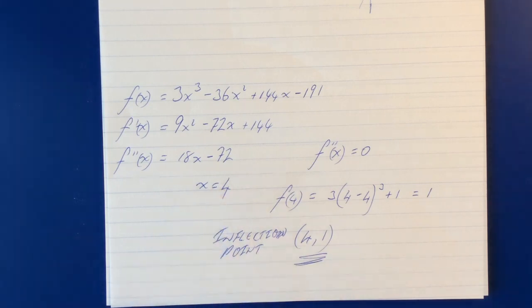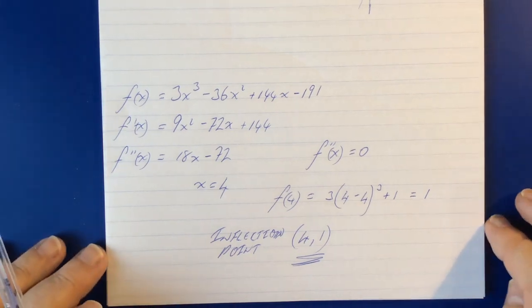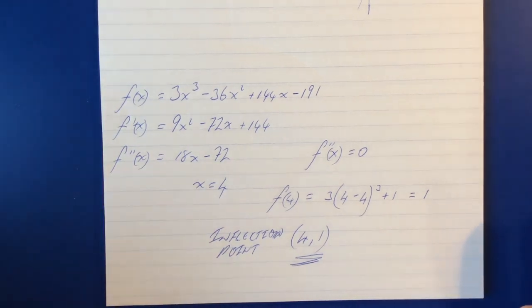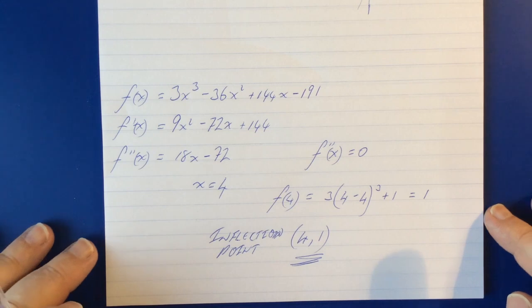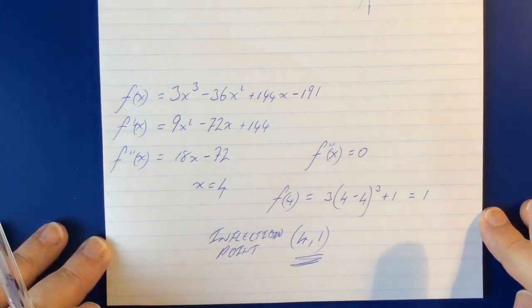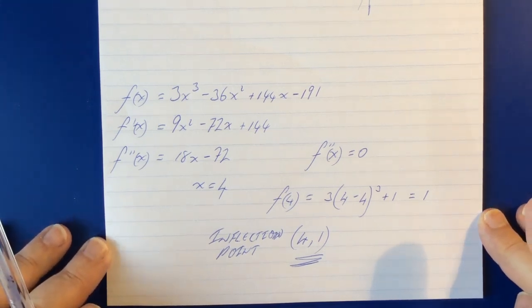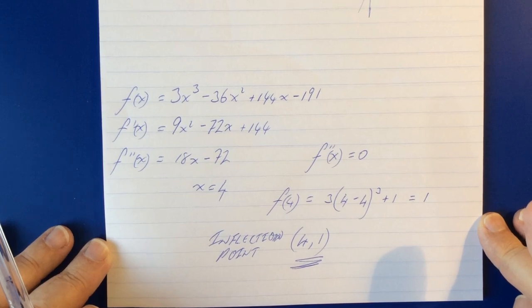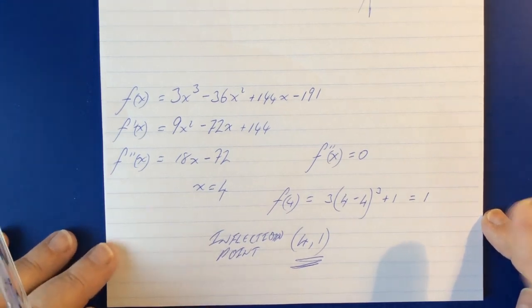Now, there are videos on the channel about second derivatives and about inflection point form for cubics. So if some of what I was talking about here is a little strange, or you don't quite understand it, have a look at those.